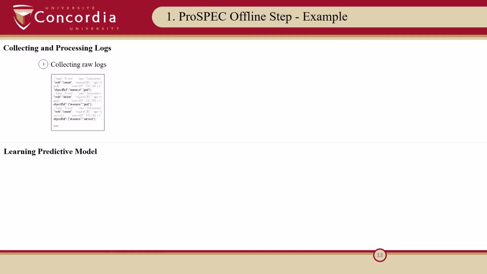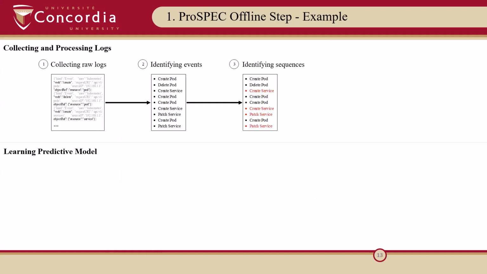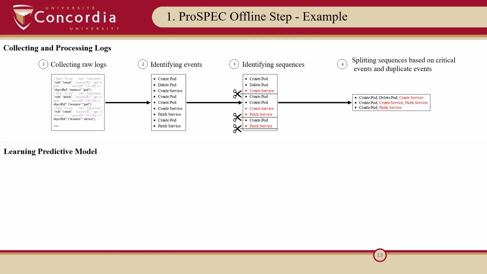So here is an example. We have some raw logs from Kubernetes with some verbs and resources, for instance, create pod, create service. We identified the events and the sequences. Each sequence ends with a critical event, for instance, create service or patch service, which are events that are dangerous for us. We cut the sequences.